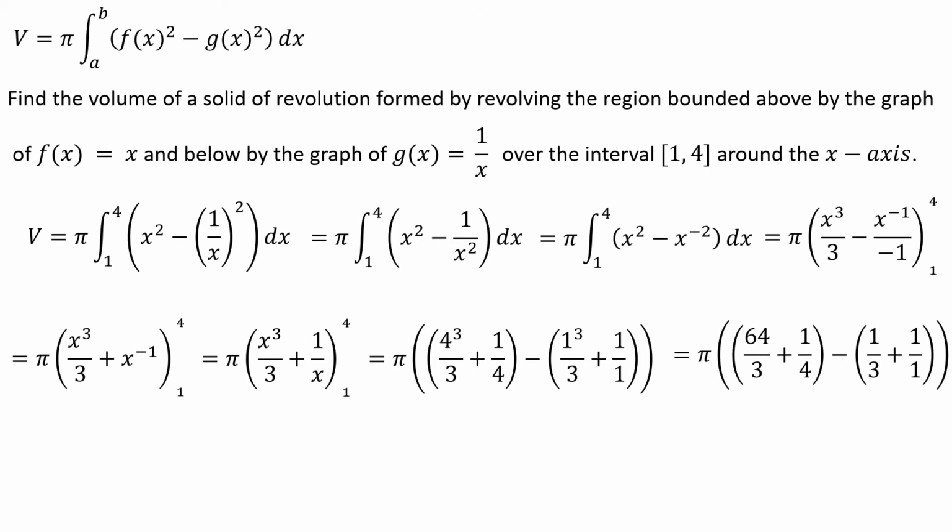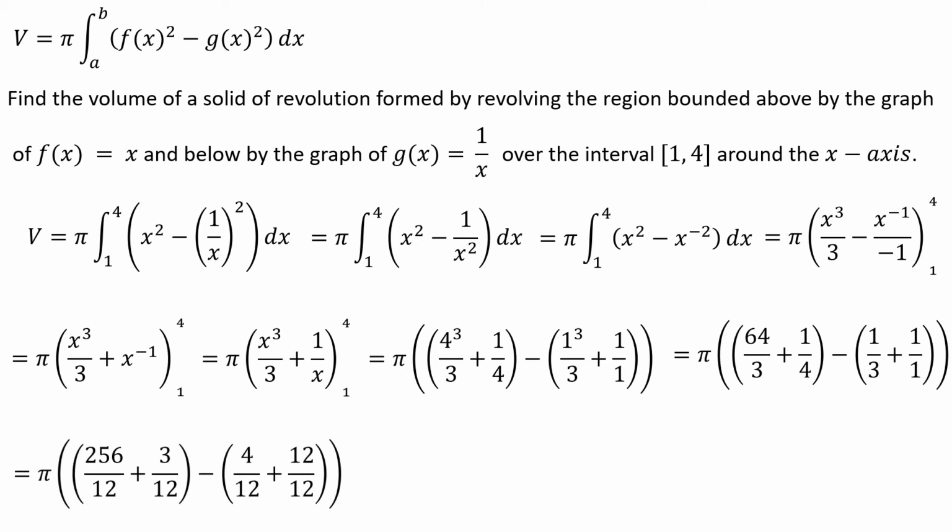Of course, 4 to the third power is 64. 1 to the third power is still 1. Now, if you're wondering, how come you didn't just make that 1 over 1 plain old 1? Well, it looks like I'm going to really need a common denominator. So I thought I'll just leave that as a fraction. So if I see a 3, 4, and 1, I guess my common denominator is going to be a 12.